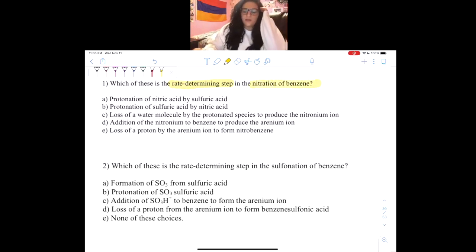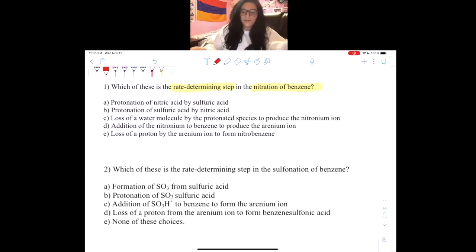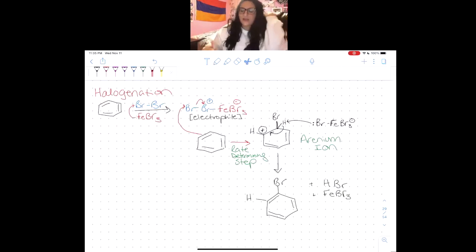The important part to note is that we're looking for the rate determining step of an EAS reaction. EAS just stands for electrophilic aromatic substitution. If we pull up the mechanism right quick, we can see that the rate determining step is the one where benzene attacks the electrophile, adds a group to the benzene ring, and forms the arenium ion.